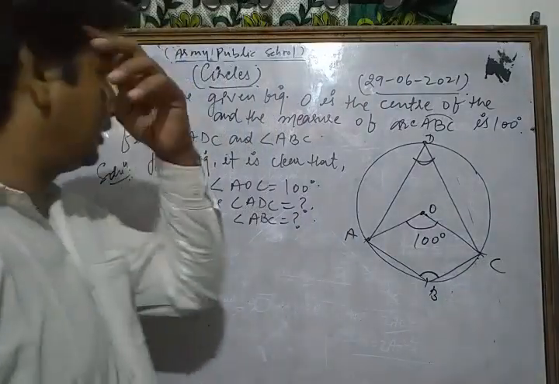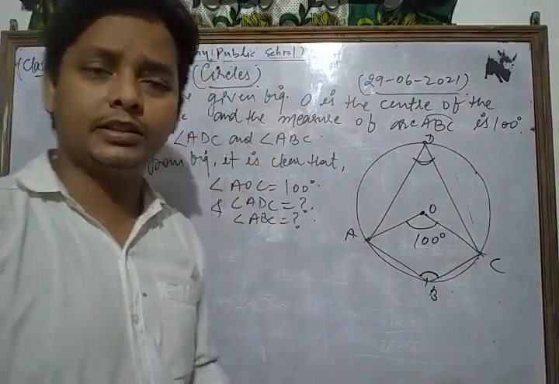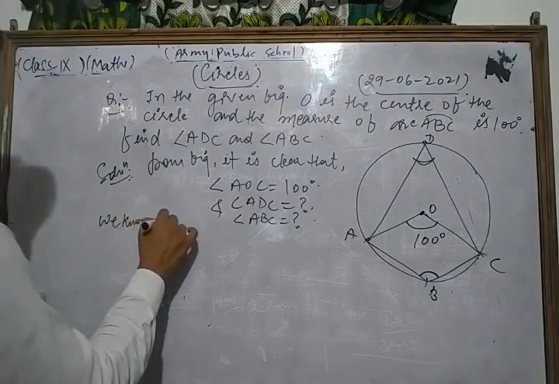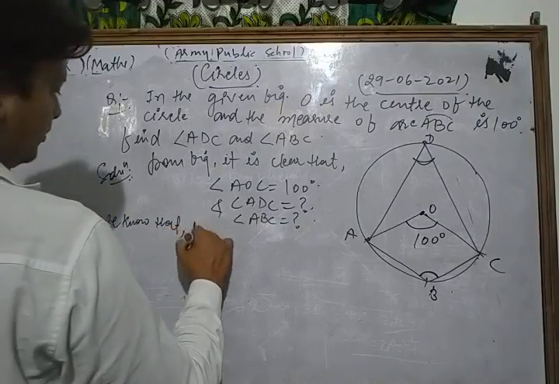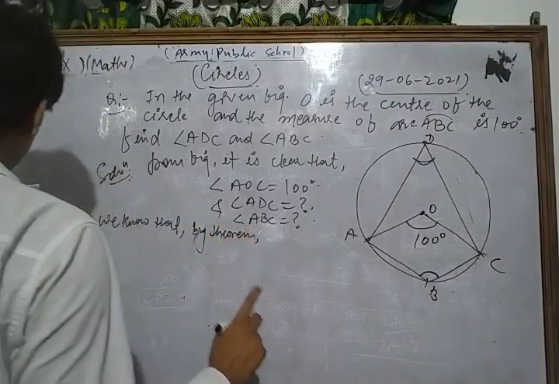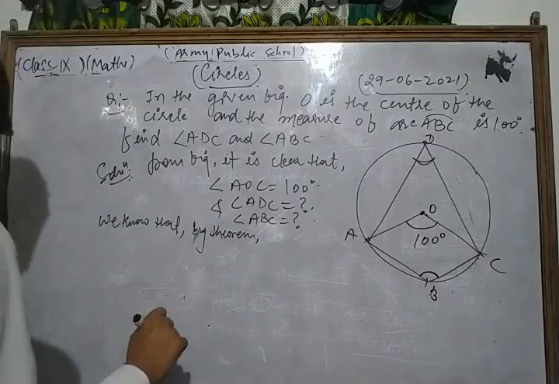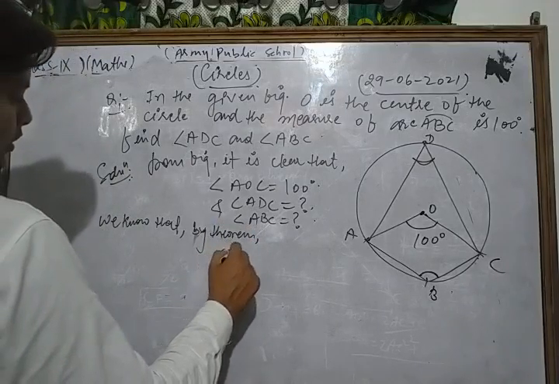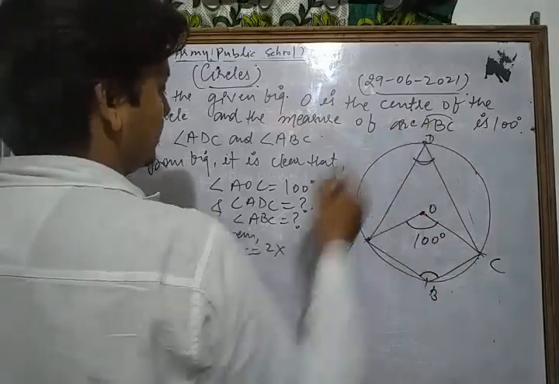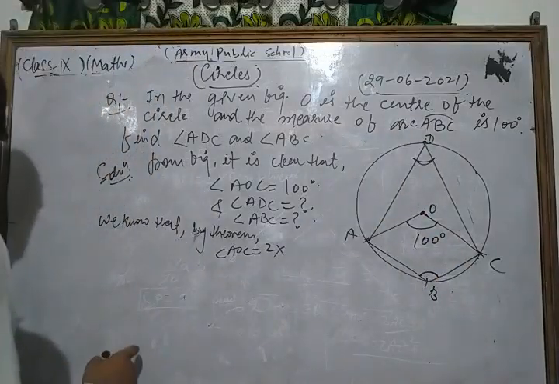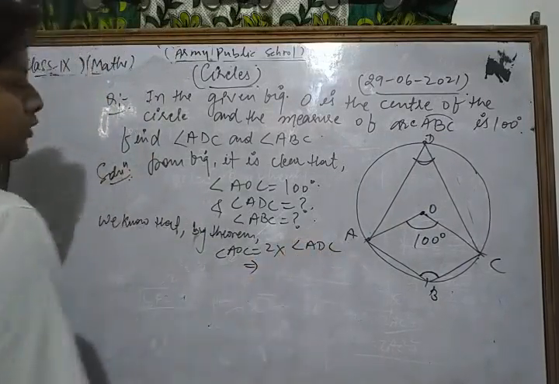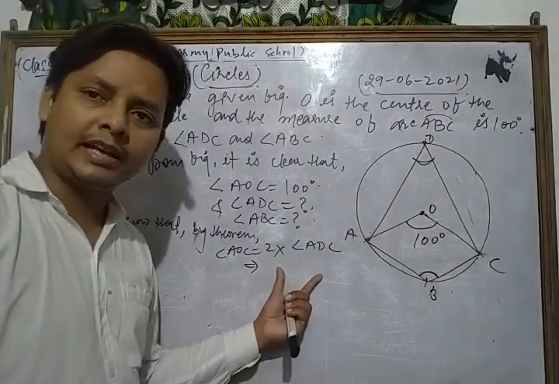Dear students, we know by the theorem that the angle subtended by an arc, meaning angle AOC, is double the angle subtended by that arc at any remaining part of the circle, meaning angle ADC. So from there we find angle ADC.